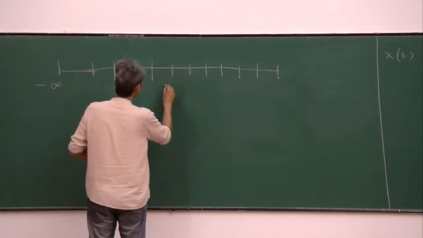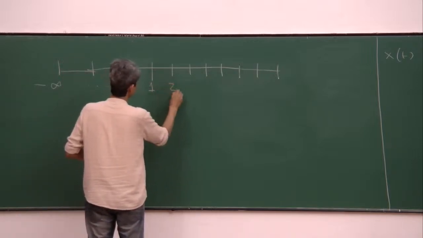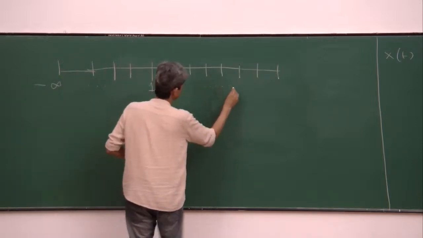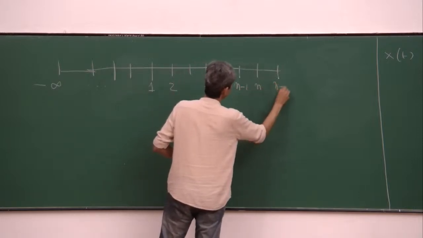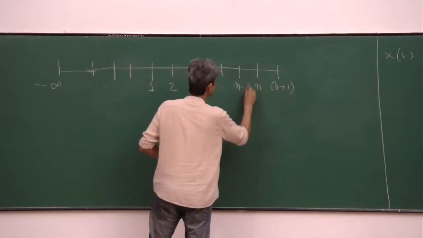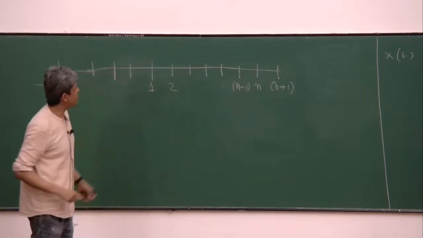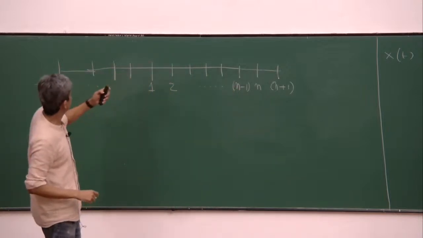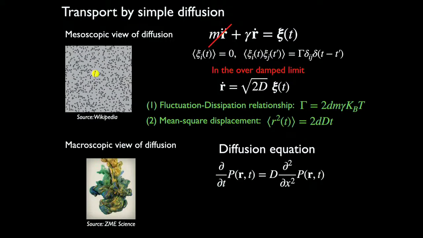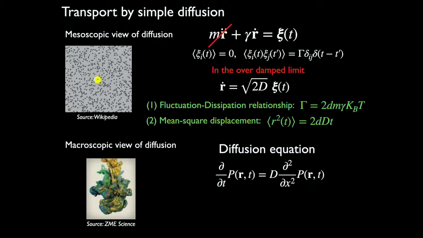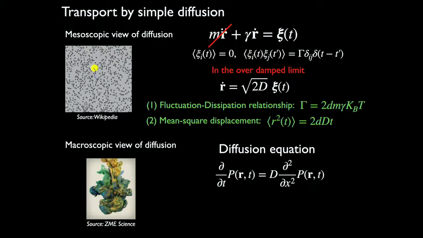Now this is position 1, this is 2, this is n minus 1, this is n, this is n plus 1. Now suppose I have a particle similar to this particle, currently at position n.